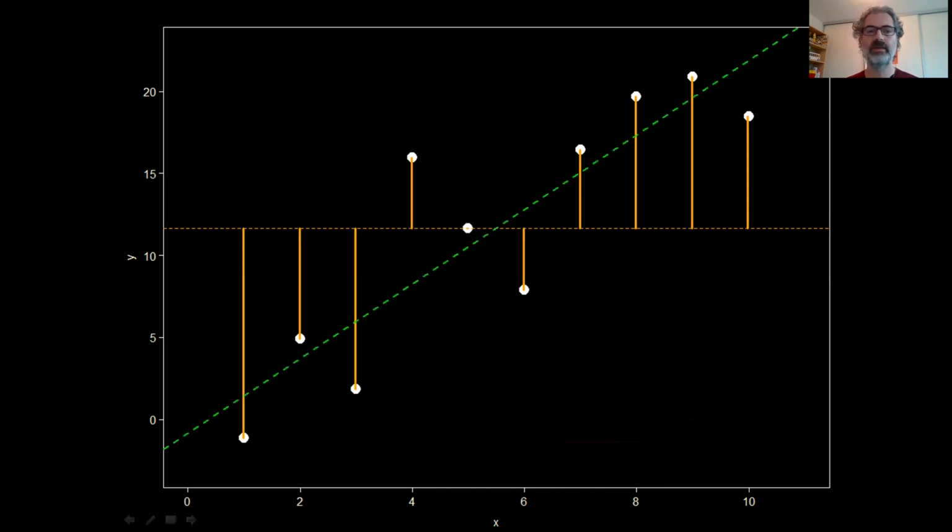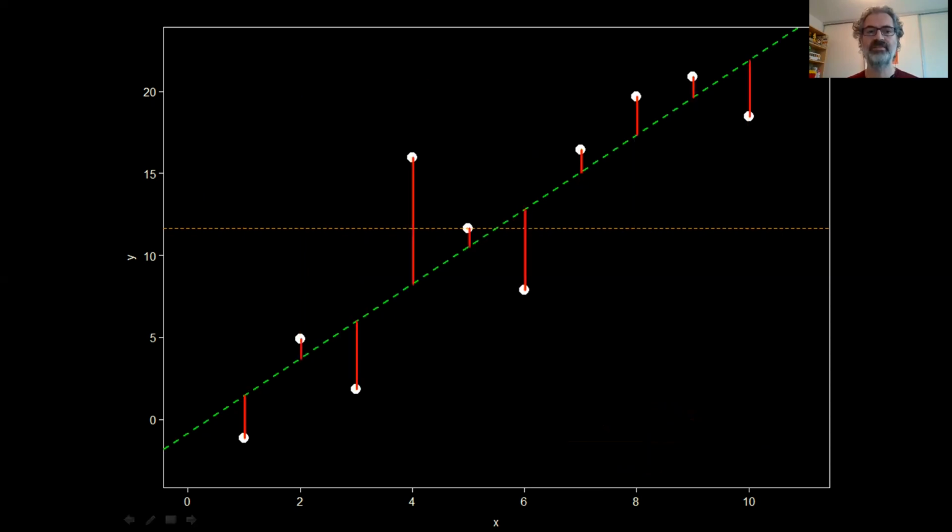Let's add the regression line. Now, our actual y values, our data points, are this distance from the prediction line. And as we said, these are the residuals. The residuals have a mean of 0, and this is their variance.